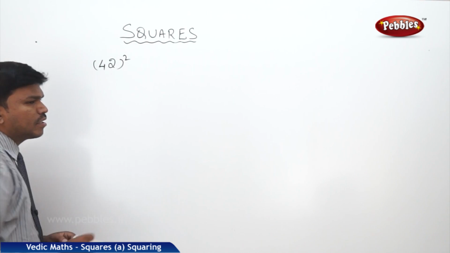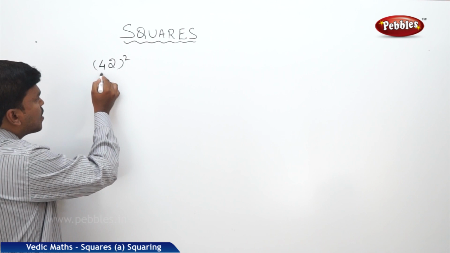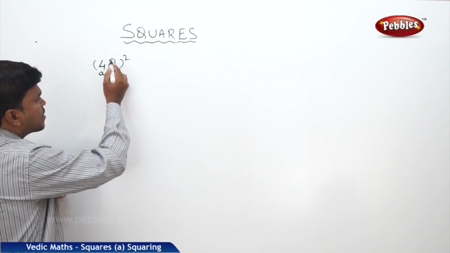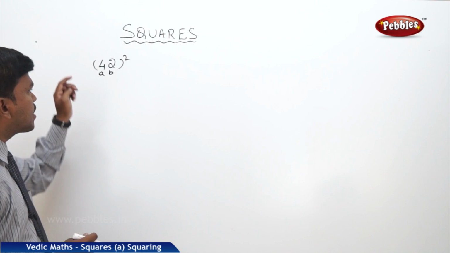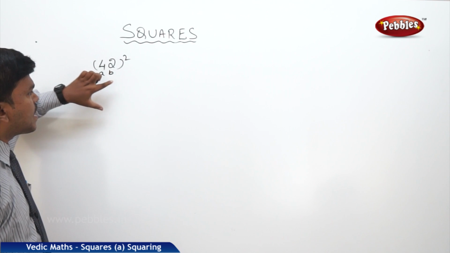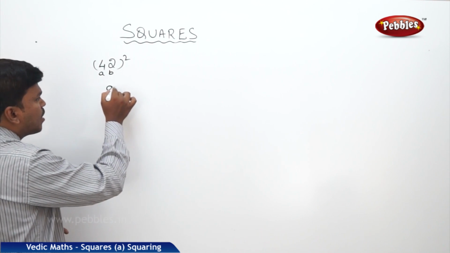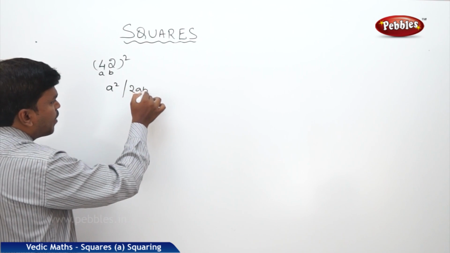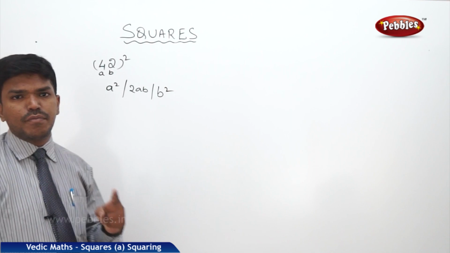Let us take the tens place digit 4 as A, and the ones place digit 2 as B. The formula to find this square is A square, 2AB, B square.